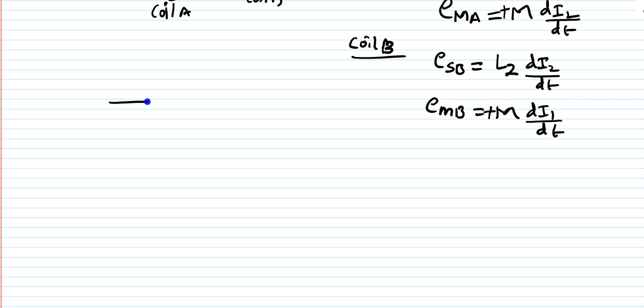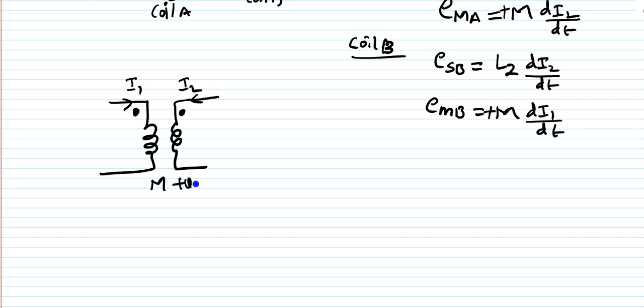This is one scenario. Here the dot is here, and my currents I1 and I2 are entering here. Then my mutual induced EMF is positive.